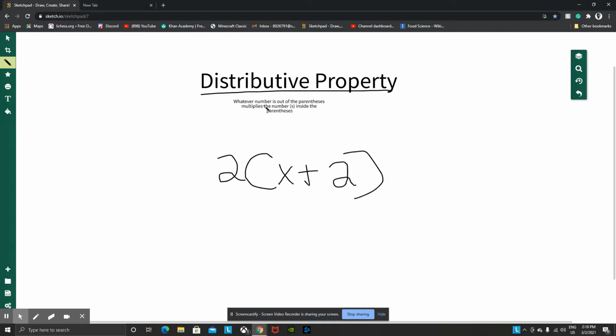So this number is outside the parentheses. Well, we can obviously tell that is 2. It multiplies the numbers inside the parentheses, and the numbers inside include our variable x and our number 2. So we have to multiply. That's our key word right now, multiply.